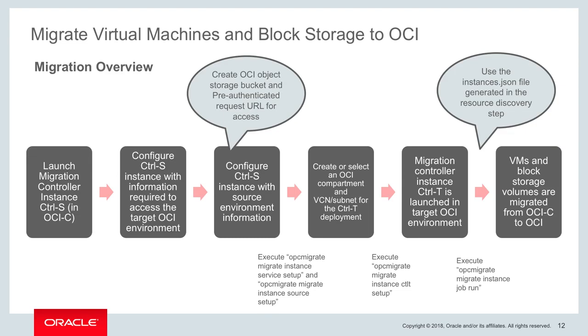Let us now look at a high-level overview of the migration process for migrating virtual machines and block storage from OCI Classic to OCI. You start off by launching a migration controller instance in OCI Classic. You will then configure the instance with information required to access the target OCI environment.